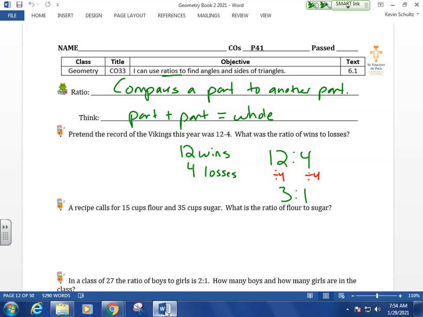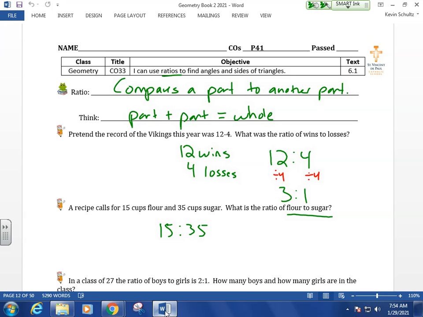Otherwise, something's going to taste funky, too sweet, too salty, or too bland. The ratio of flour to sugar is 15 cups of flour for every 35 cups of sugar. I don't know what you're baking that requires 35 cups of sugar, but I want it, right?